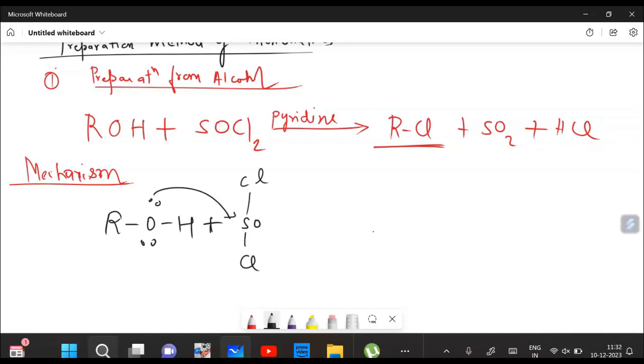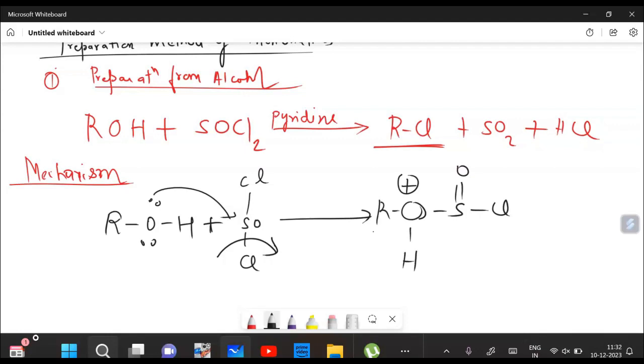As this attacks on S, Cl will leave, a better leaving group, so it will form RO positive, S double bond O, Cl, and H. Now what will happen in this case?